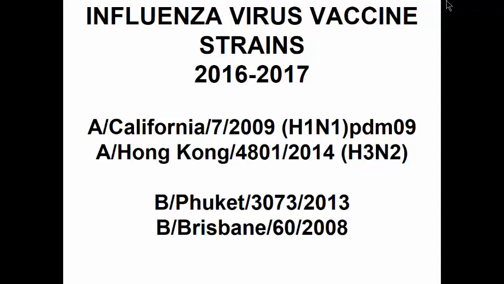Over the last 15 years, only 2 years did not have any change in terms of these components from the previous year. So that means basically every year new vaccine preparations have to be made, manufactured, and that makes it quite difficult.